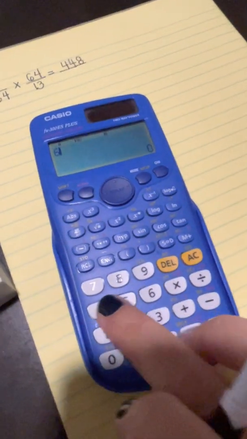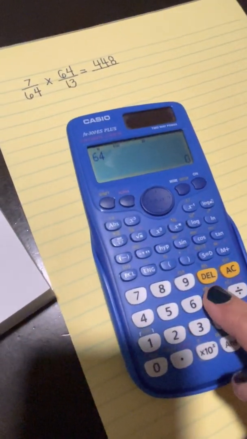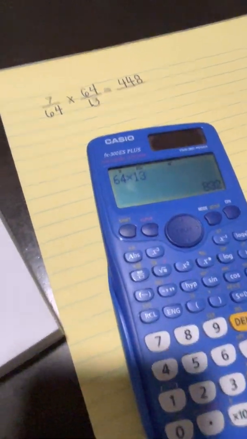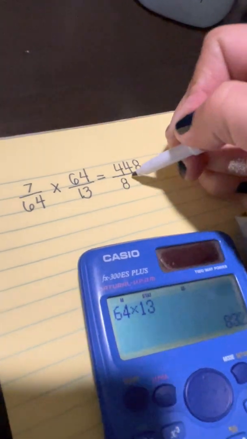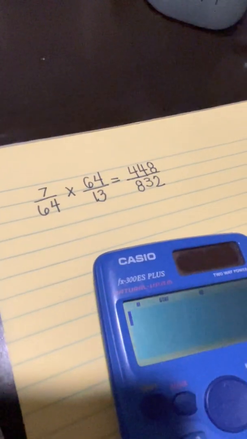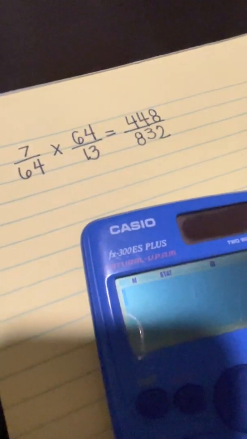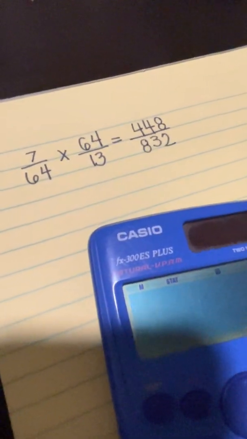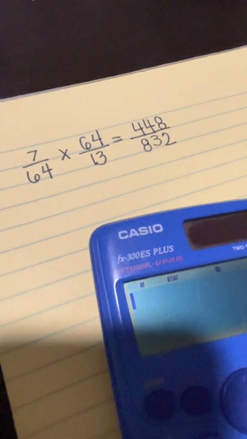So 64 times 13 equals 832. Now, is this fraction correct? Yeah, that's the right fraction. Is it in its simplest form? Absolutely not.